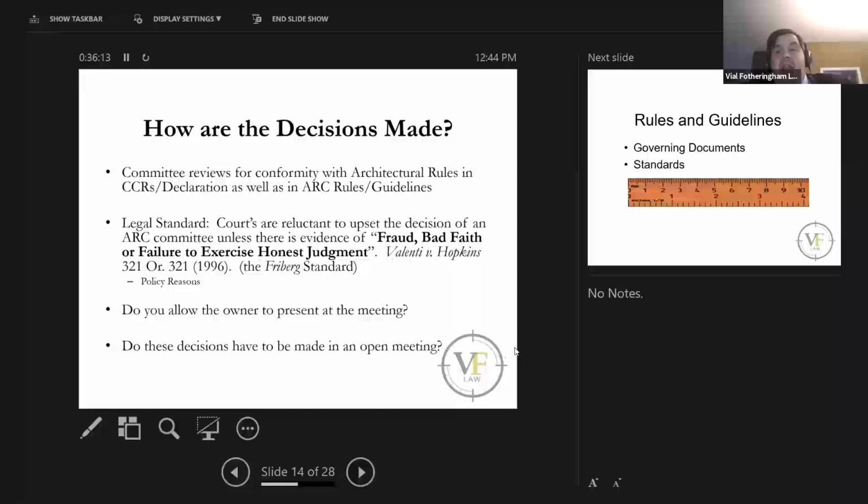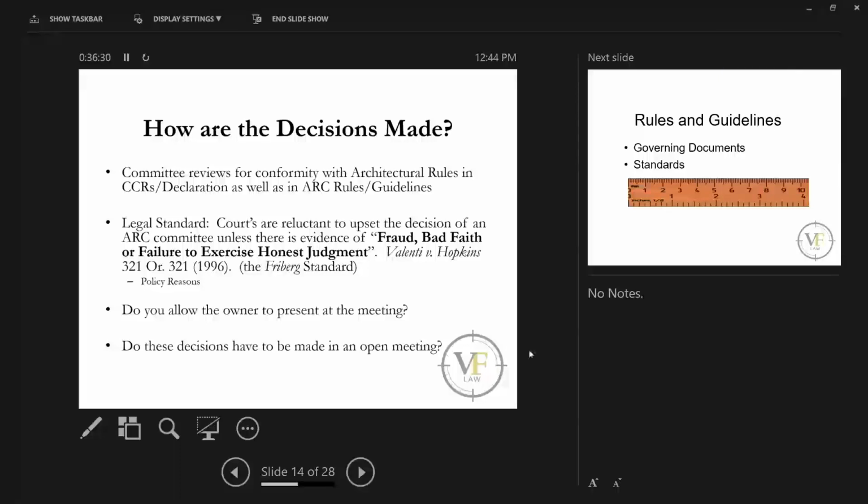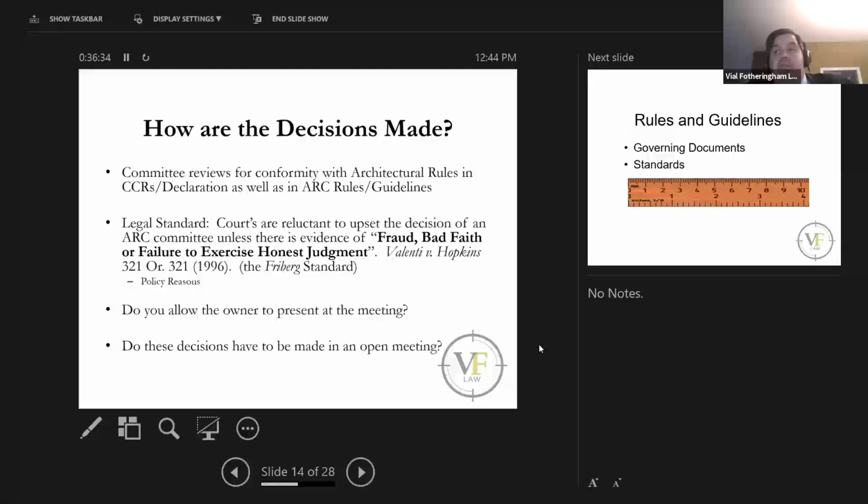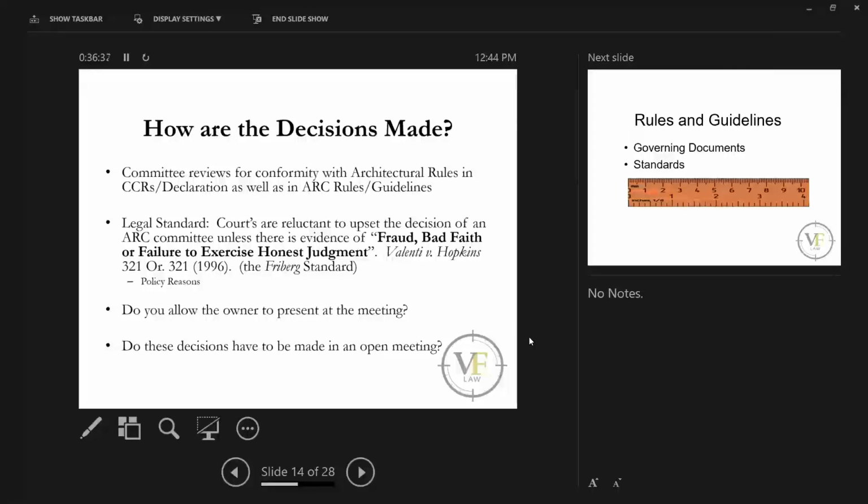It might say cedar shake shingles or composite but no tile shingles. It might say you can have lap siding from CertainTeed or Hardie, but not from Louisiana Pacific.